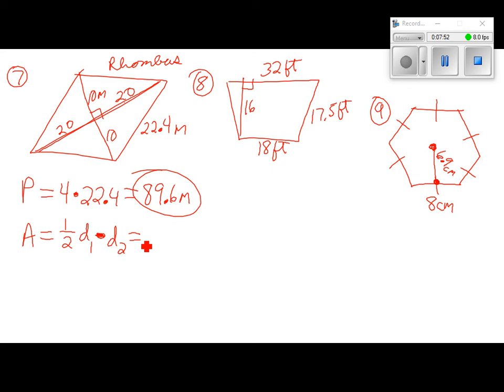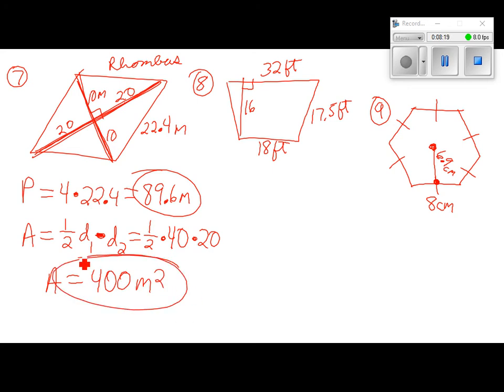Here I'm just going to use this one instead, so I got 1/2 times one of the diagonals is 40. The other diagonal, got to add these two together, is 20. You punch all that into your calculator, and the area comes out to be 400 meters squared.